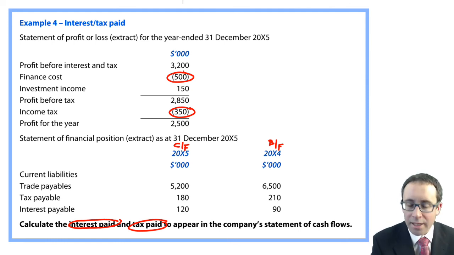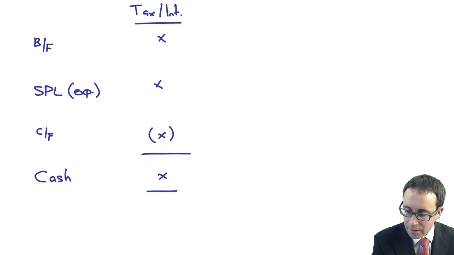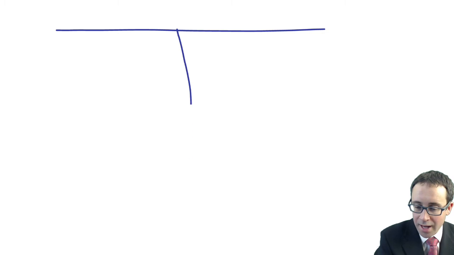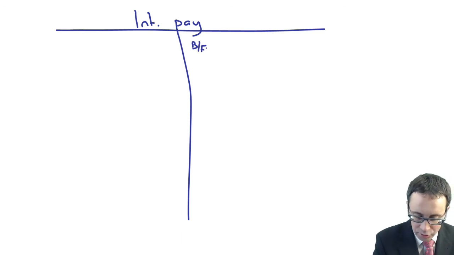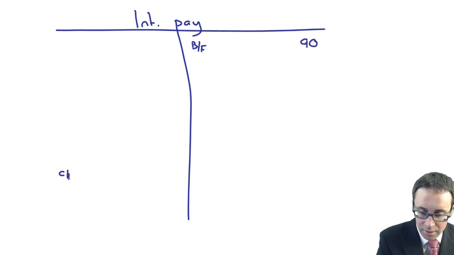I'm going to use a T account. So if we go through and look at our interest payable, my opening interest payable figure that we have is 90 on the credit side. The carry forward is there as 120.